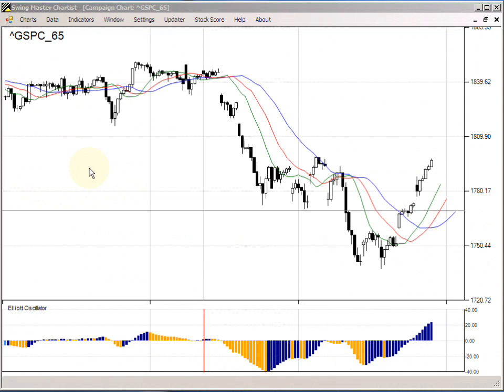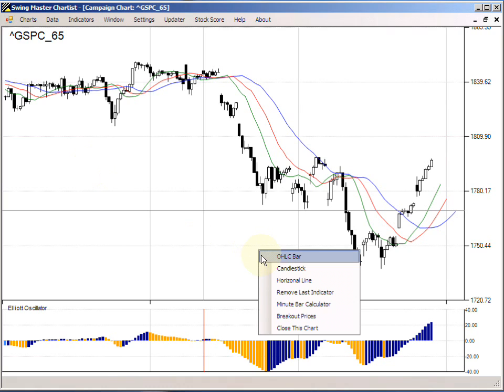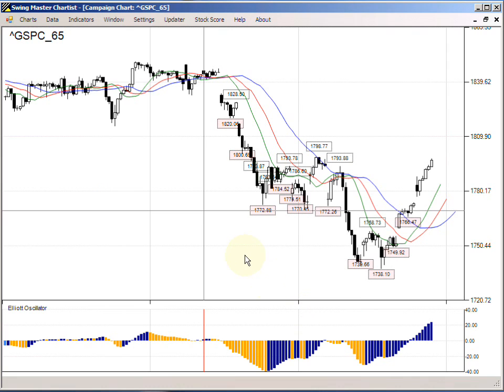Okay, in this section we opened up an S&P 500 65-minute chart in a campaign chart window, and that's really just to demonstrate some of the mechanics of the SEO, Simple, Easy, Objective trading system built into Swingmaster Chartist. And let's put up the breakout prices.